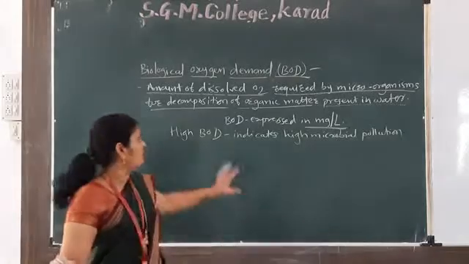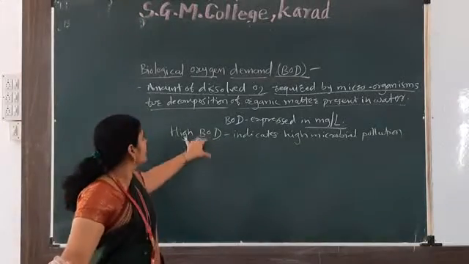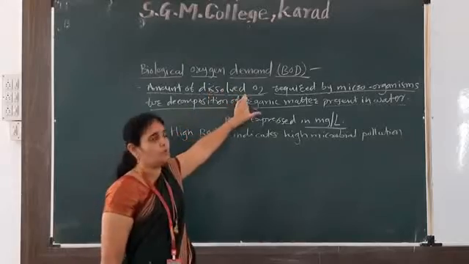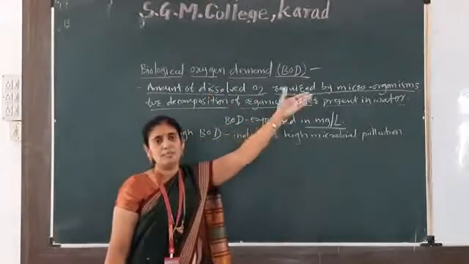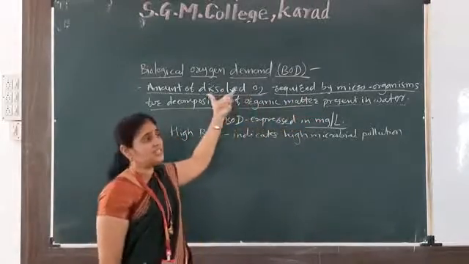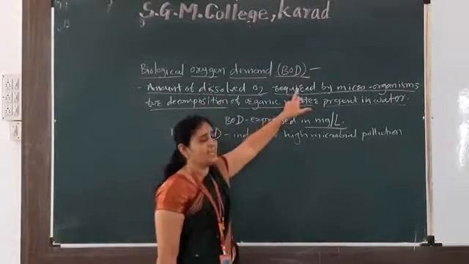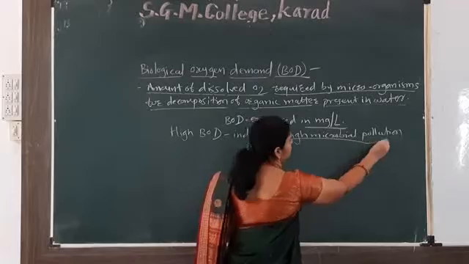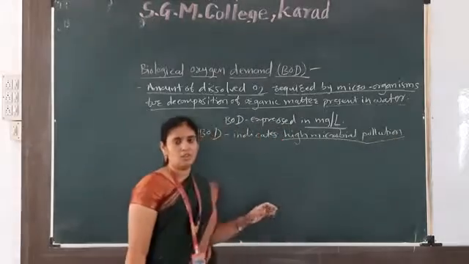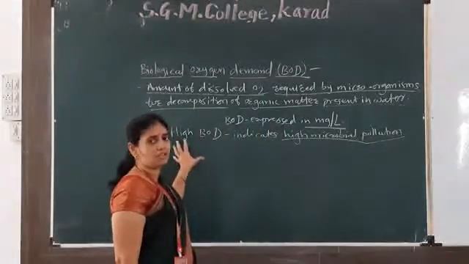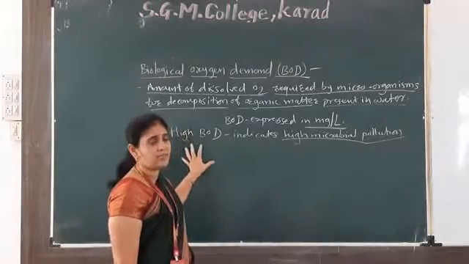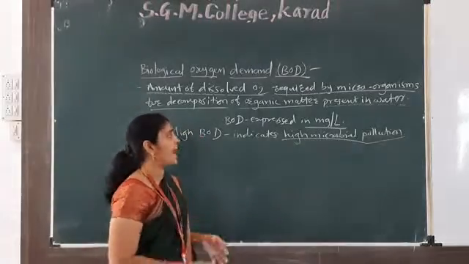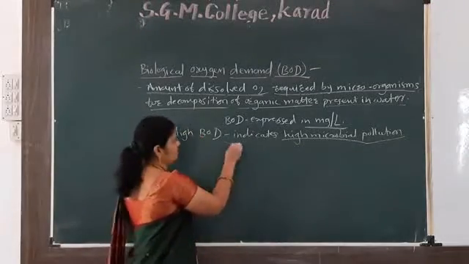And hence high BOD means there is a high amount of dissolved O2 which is required by microorganisms. Means this dissolved O2 is required by microorganisms, means it indicates high microbial pollution. So if the water shows high BOD, that means that water contains high organic matter.